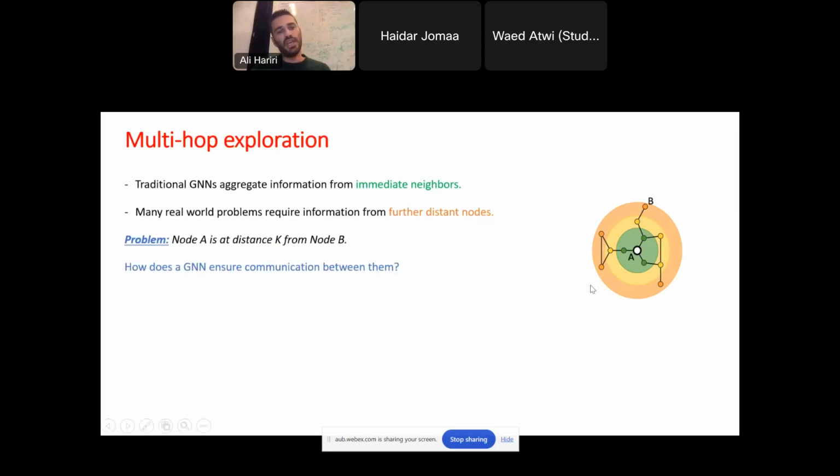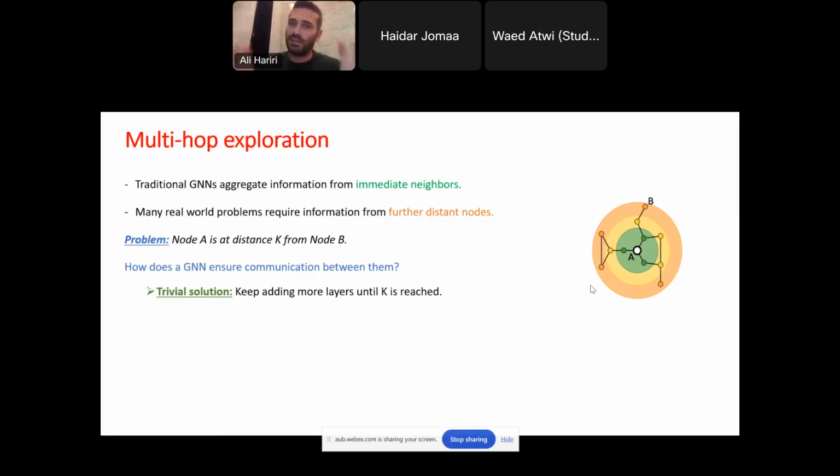So how does a GNN ensure communication between them? Well, the simple way to think about it is that the layer of GNN, whether it's graph convolutional or graph attentional, we can just repeat it another time and another time until we reach from point A to point B. So one simple answer is to keep adding more layers until K is reached.